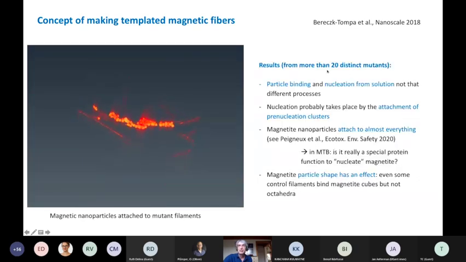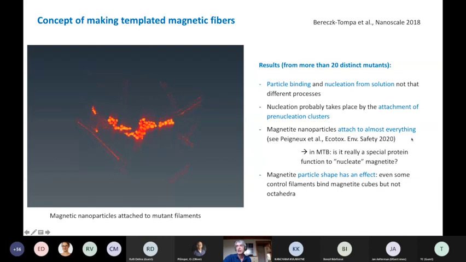So more than 20 distinct mutants were made, and we found that particle binding and nucleation from solution are not that different, probably because nucleation also happens in the solution, and then these clusters or first maybe amorphous particles get attached to the filaments. So that's why it's not so different.